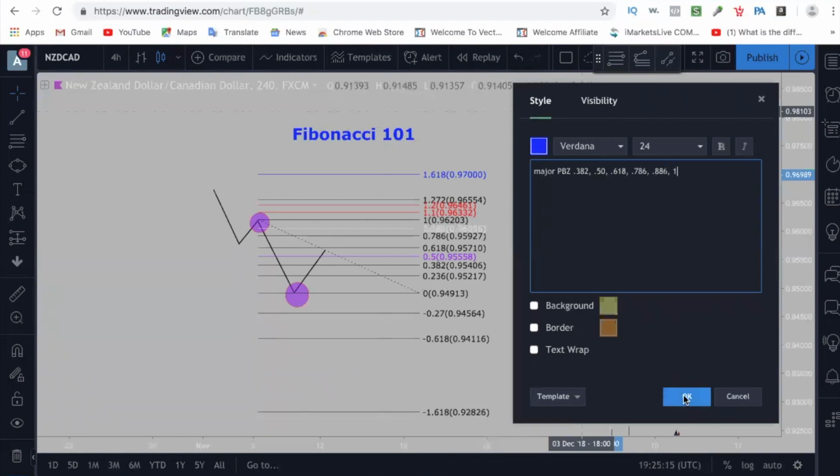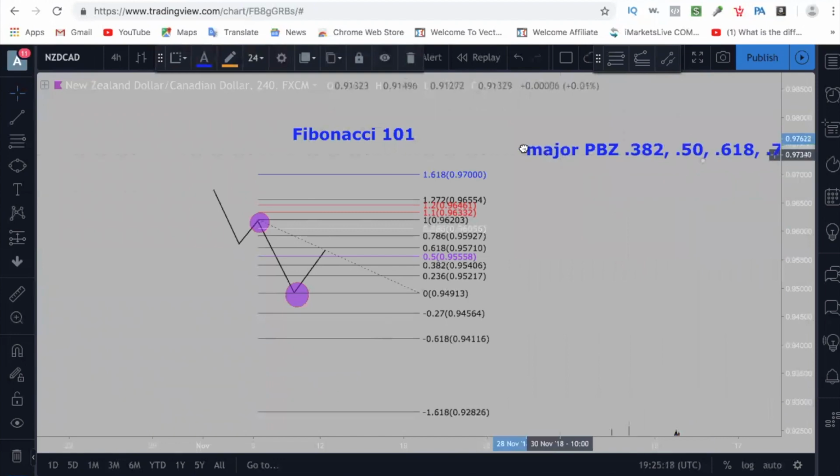That's what that stands for. All right. So these are your major pullbacks.